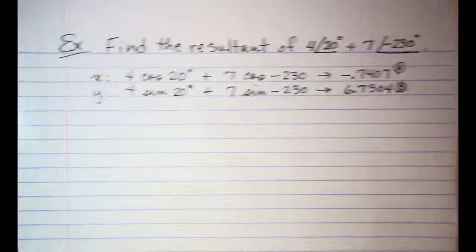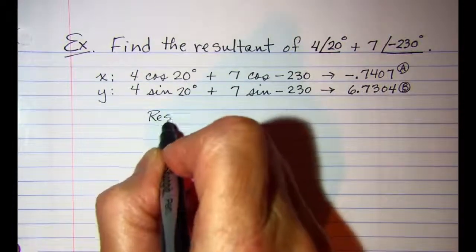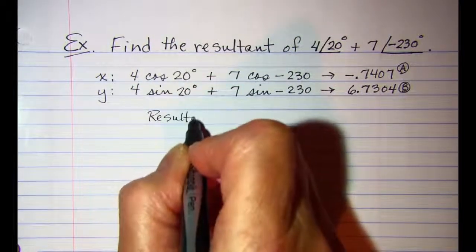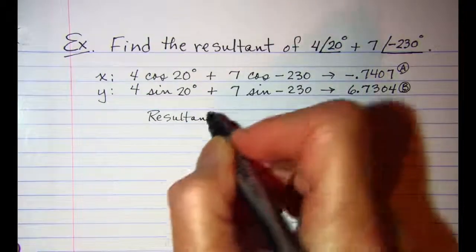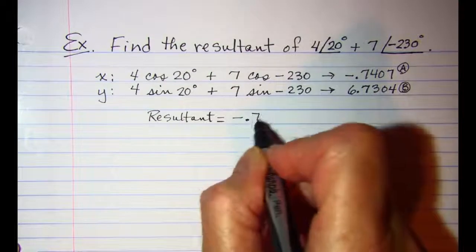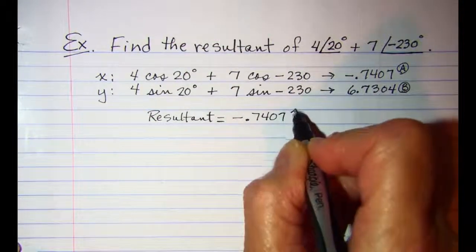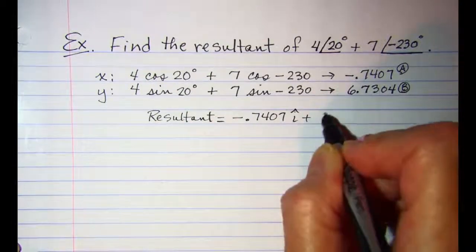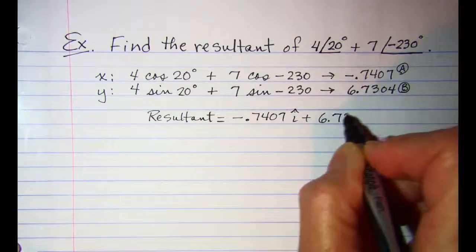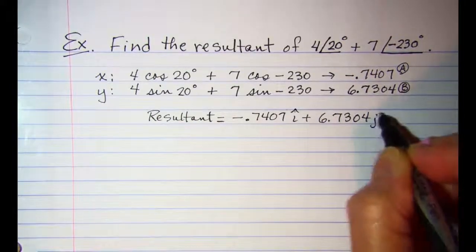So our resultant is going to be a negative 0.7407 i plus 6.7304 j.